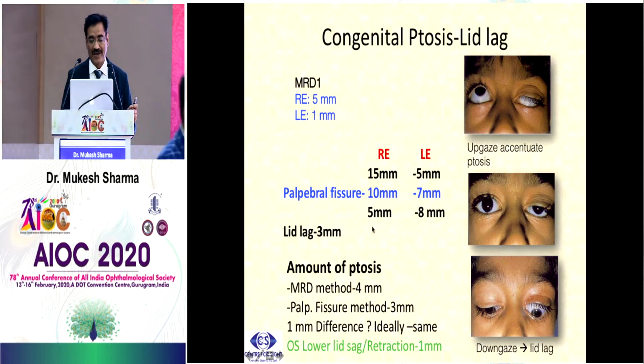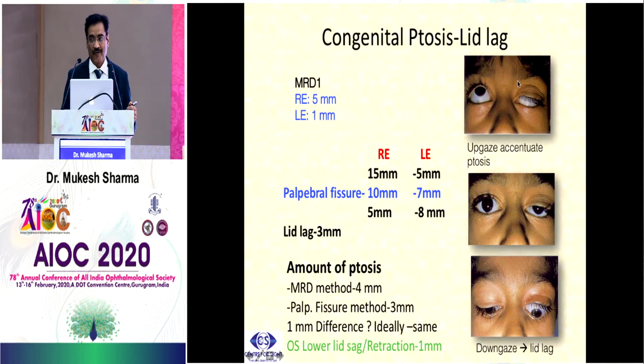So this difference of two measurements is because of this lower lid sag or retraction. So because of this sag, palpebral fissure has come up as 7 mm instead of 6 mm. And this has contributed to wrong finding of 3 mm ptosis, while ptosis is 4 mm.